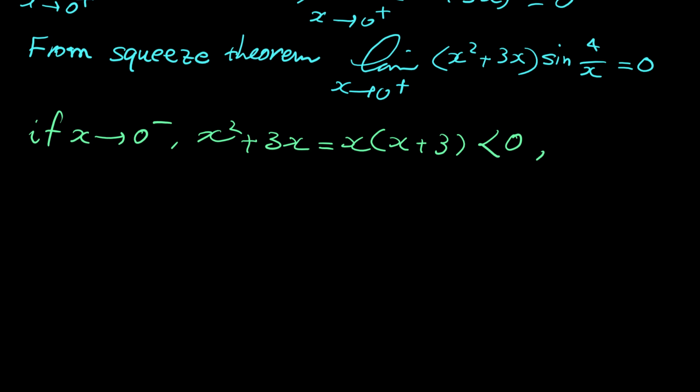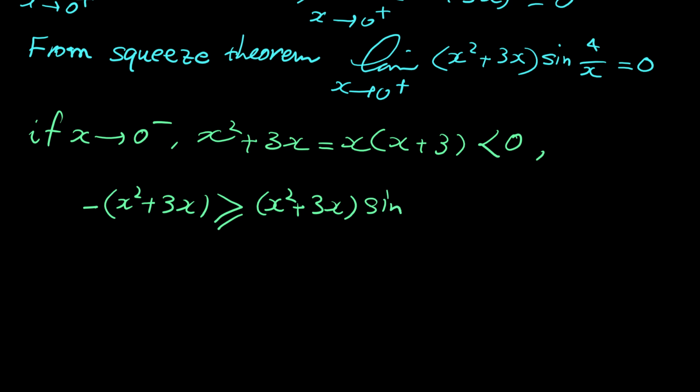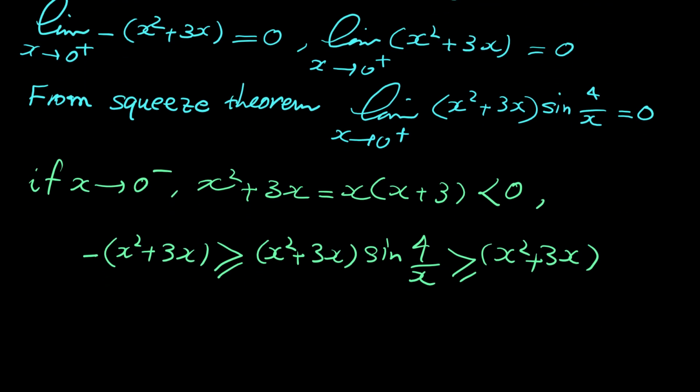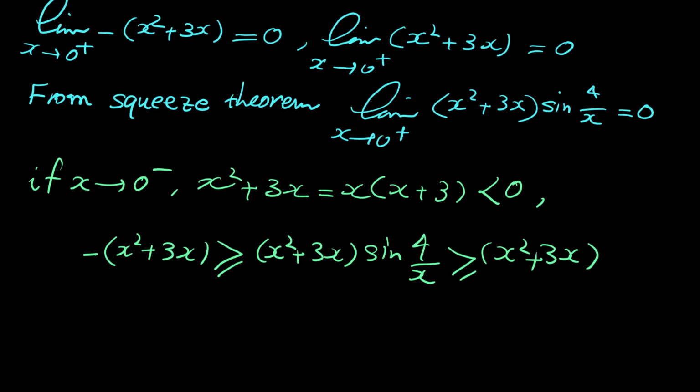So by multiplying by x^2 + 3x, we have -(x^2 + 3x) greater than or equal to (x^2 + 3x) sine of 4 over x, greater than or equal to x^2 + 3x. So here we had negative 1 less than or equal. Now we have flipped the inequality and it is greater than or equal, as you can see.